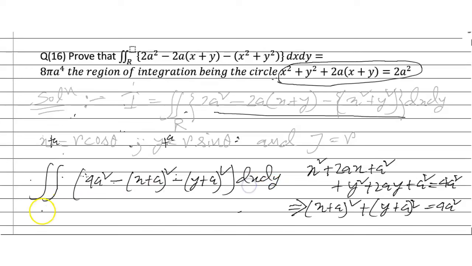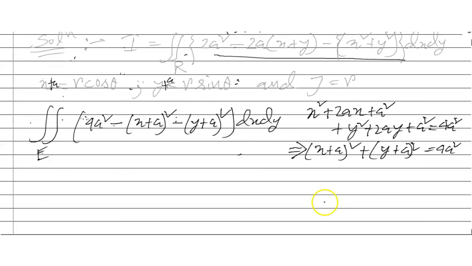It can be written so, and the region is E, because I just add 2a squared and subtract 2a squared. So this is the double integration, where (x plus a) whole squared plus (y plus a) whole squared is equal to 4a squared minus r squared, into r dr d theta.